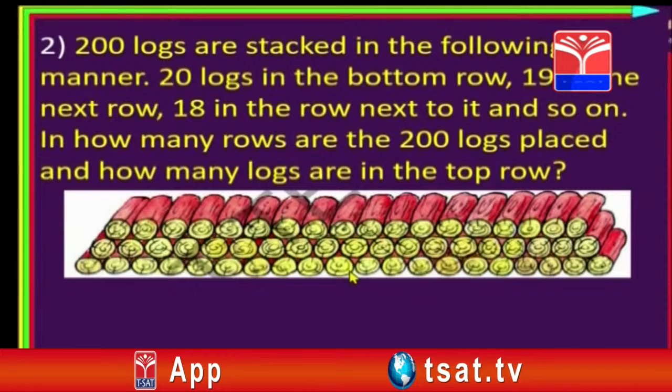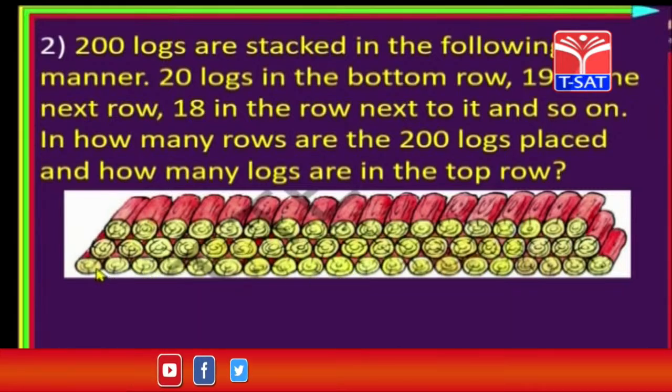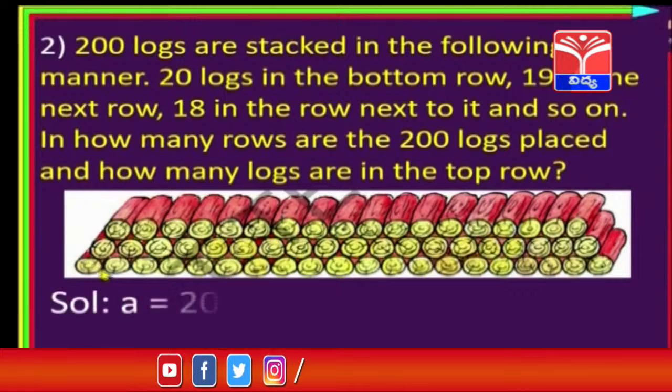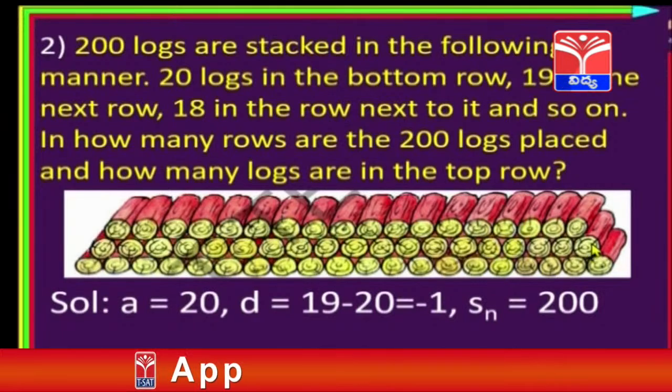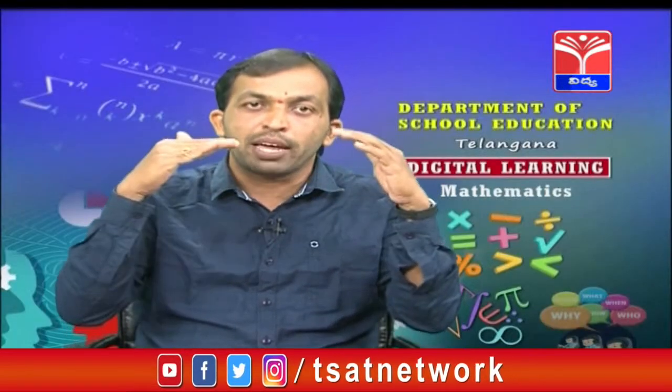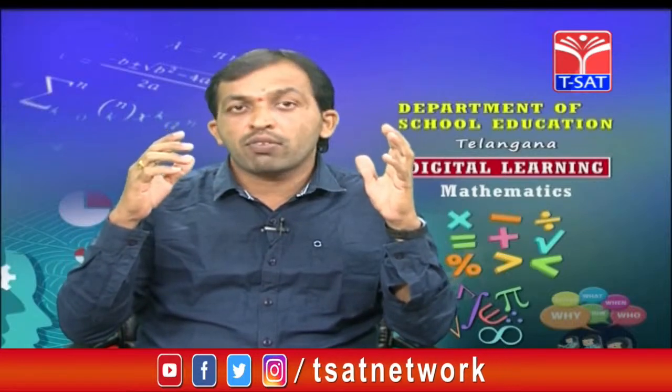That means, what is the first term? In the first row we have 20, means a = 20, and in the next row the number of logs is 19, means what is the common difference? 19 − 20, that becomes −1. So d = −1. Like that we have to place 20 in the bottom row, 19 in the next row, 18, 17, and so on.